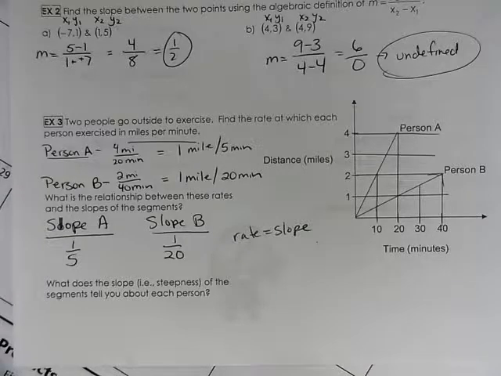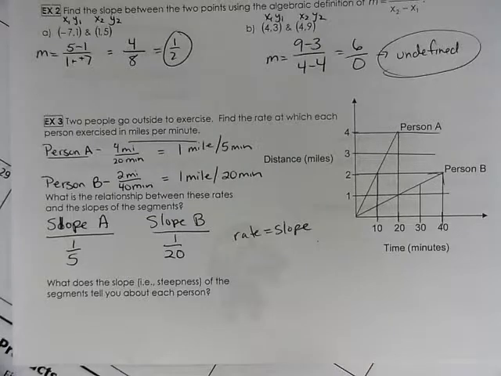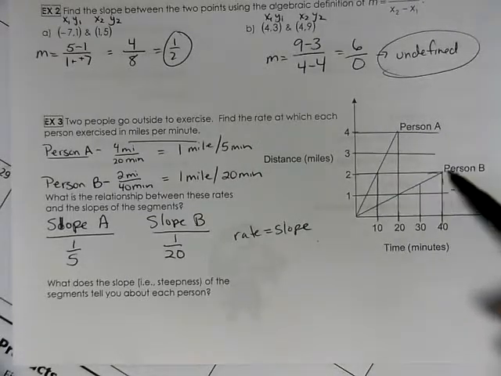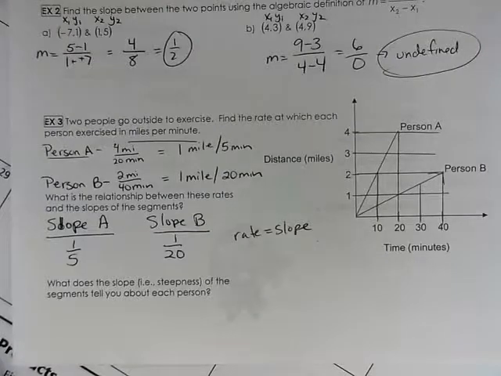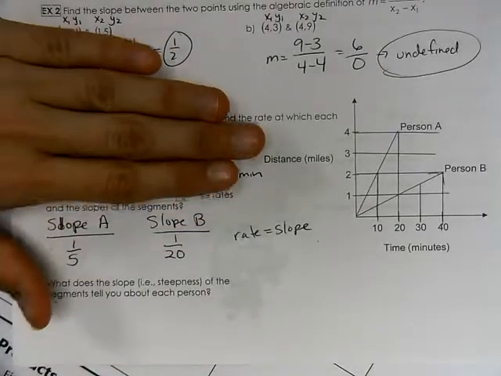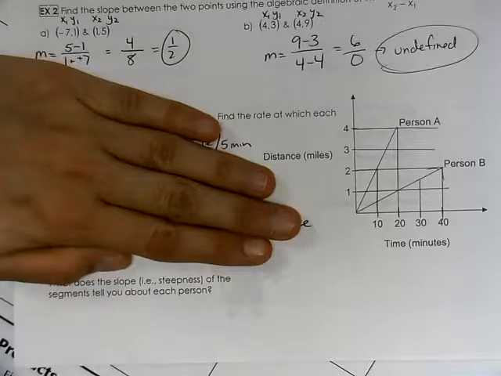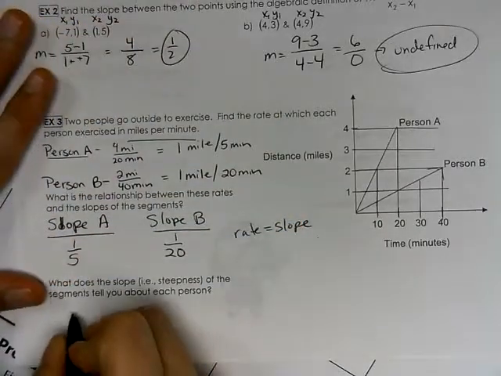What does the slope or the steepness of the segment tell you about each person? So if we look at the steepness of person A versus the steepness of person B, what does that tell me in terms of how fast they're going? If you didn't see this, who's going faster if you just saw the graph? Yeah, right?